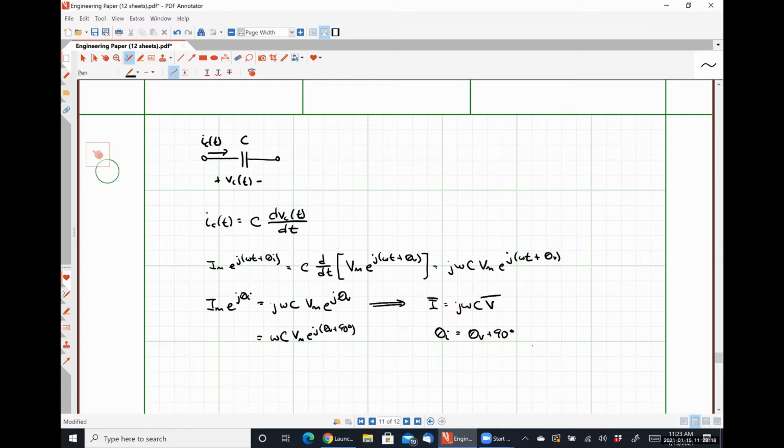So these are our simple current-voltage relationships in the frequency domain for resistors, capacitors, and inductors. Let's take this one step further and now talk about impedance and admittance.